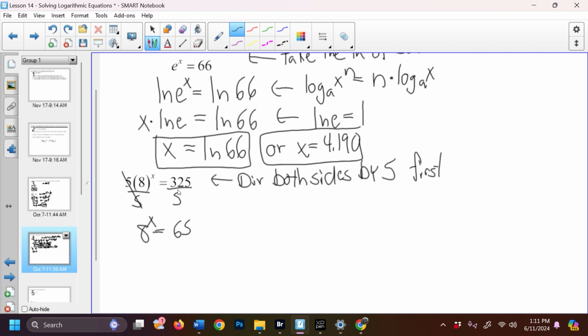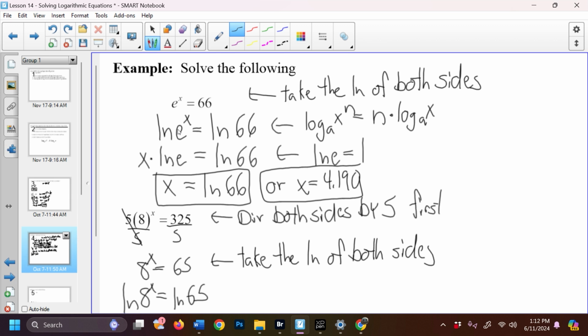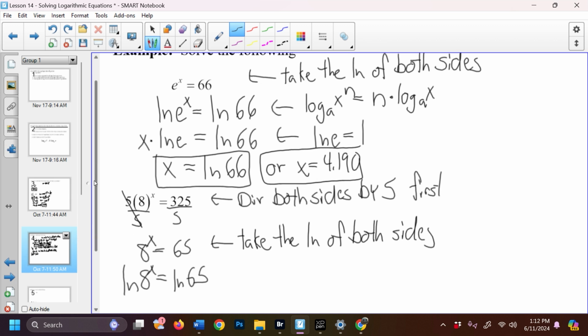5 goes into 30 6 times. 5 goes into 25 5 times. Here, you can take a known logarithm of both sides. I'm going to use ln. Now, because the base of this exponent is not e, notice we had an e here, the ln of e canceled out.